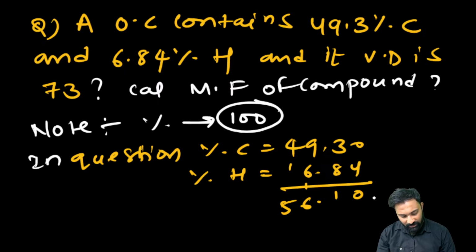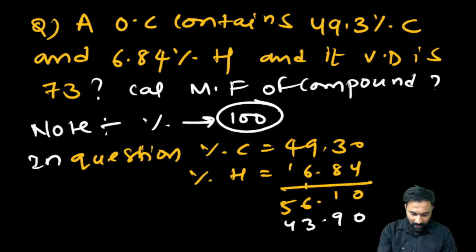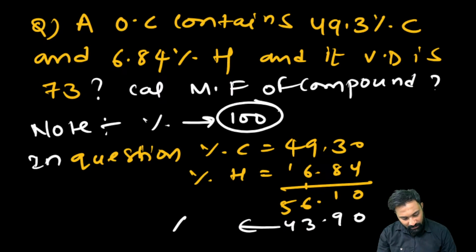The percentages we added give 56%. Then to make it 100, how much do we have to add? We have to add 43.90. This will be the percentage of oxygen.